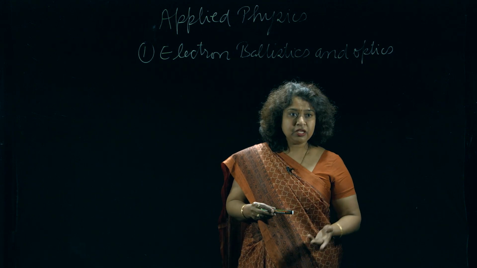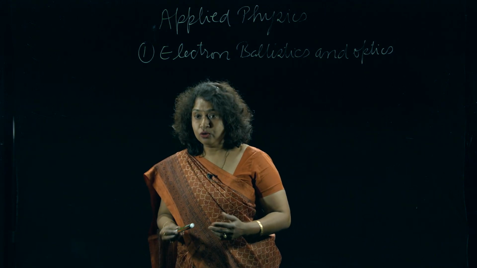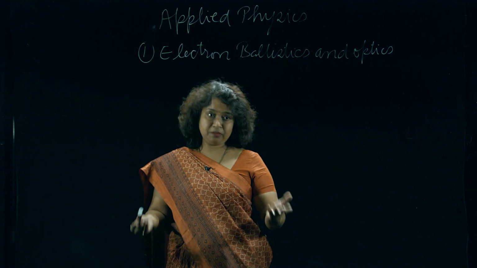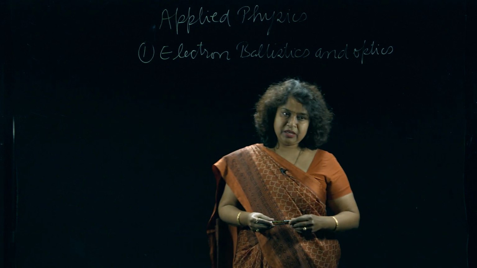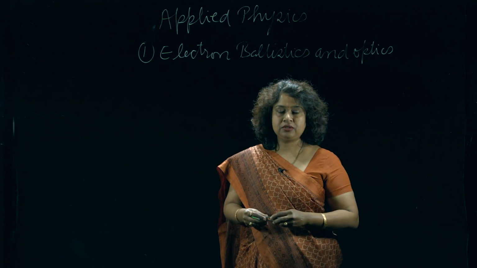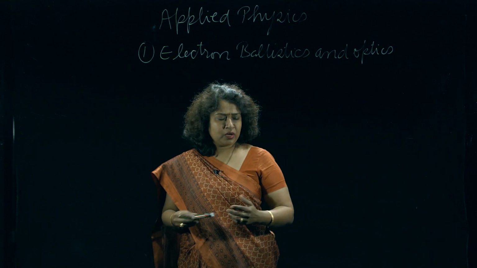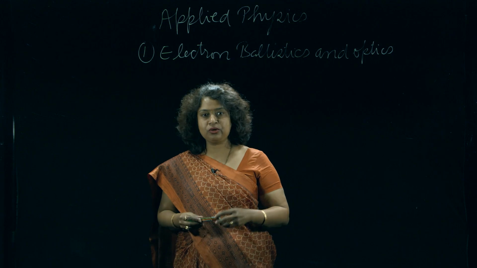Now you will be surprised to know that non-uniform electric field has lot many applications. Similarly, non-uniform magnetic field also has lot many applications. So we will be learning those related applications. A beautiful application or a wonderful application is cathode ray oscilloscope. All of you have seen cathode ray oscilloscope.